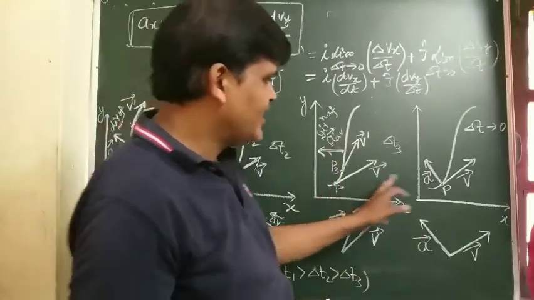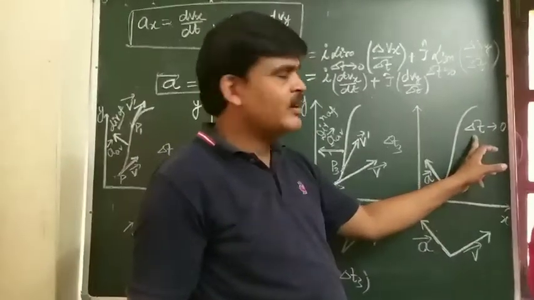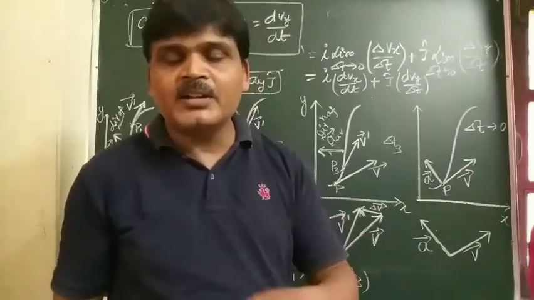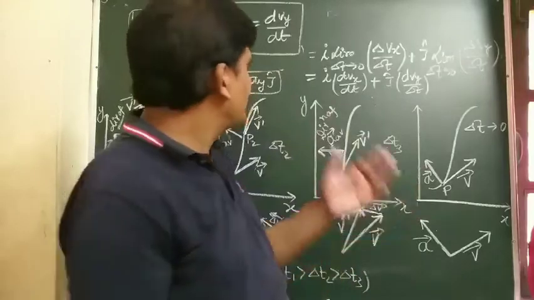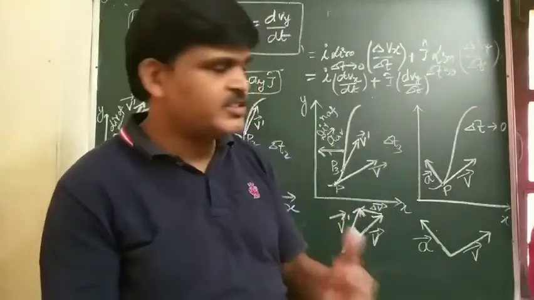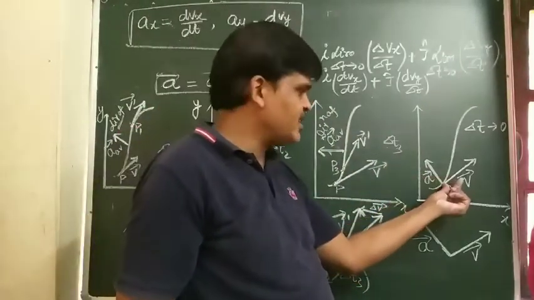When delta T, the time interval, approaches 0, it means average acceleration changes into instantaneous acceleration.